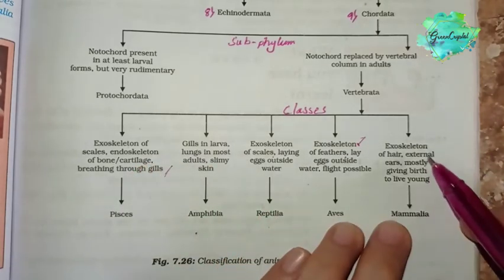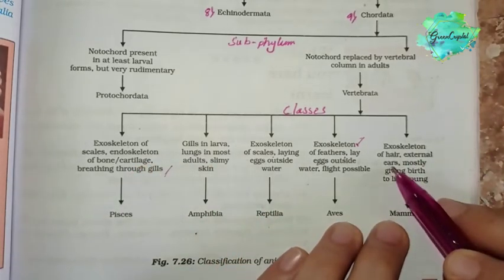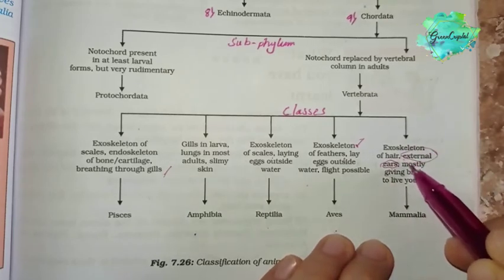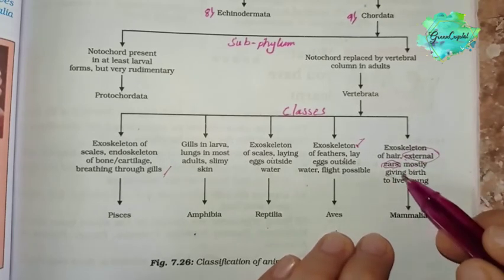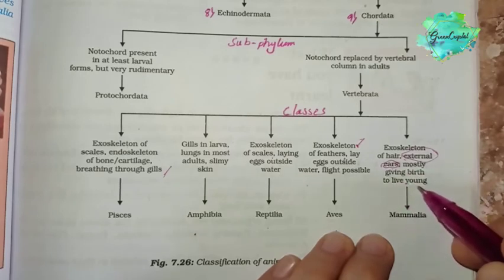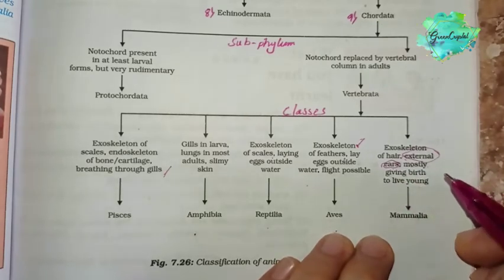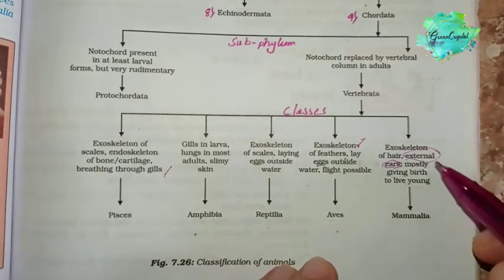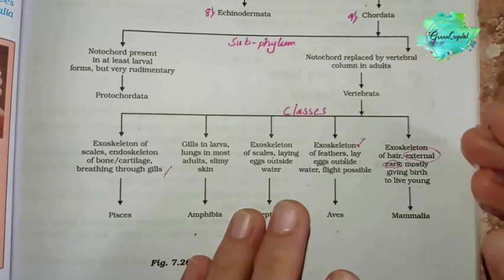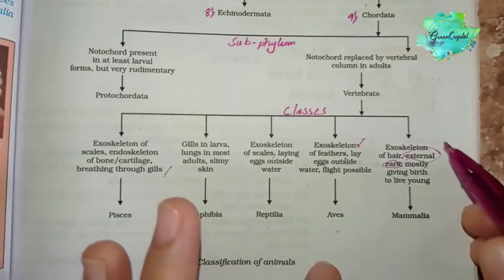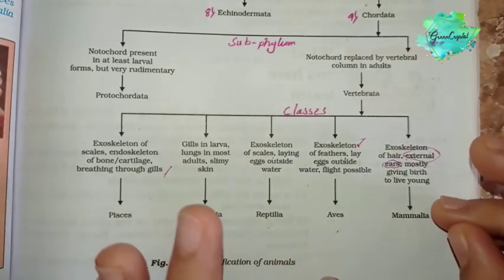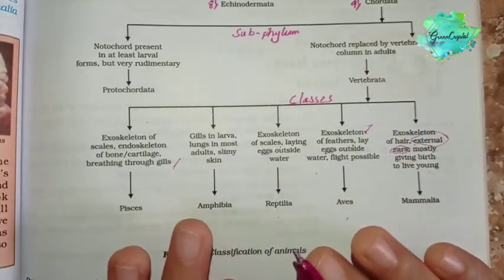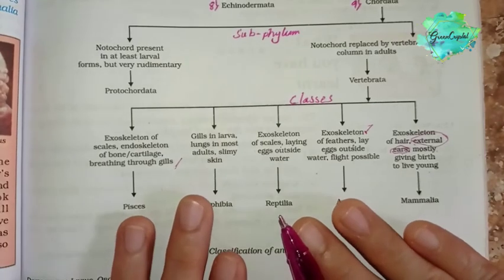External ears will be there, ears are visible in mammals. Remember this feature also. Most of them give birth to young ones, and some lay eggs also, the exclusive examples being echidna and platypus. So these are the features, and today I am concluding my video here.